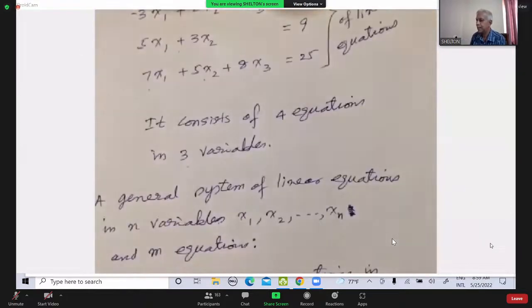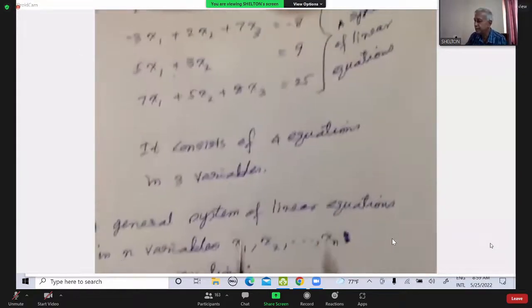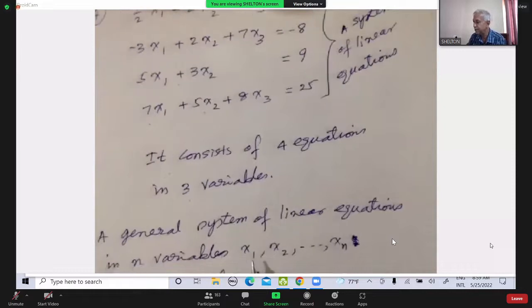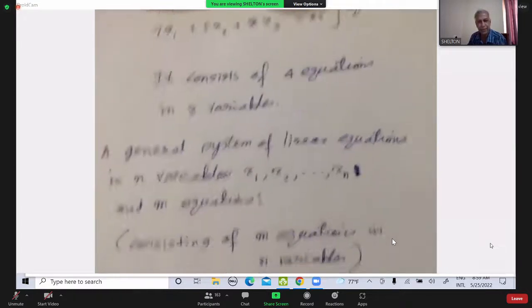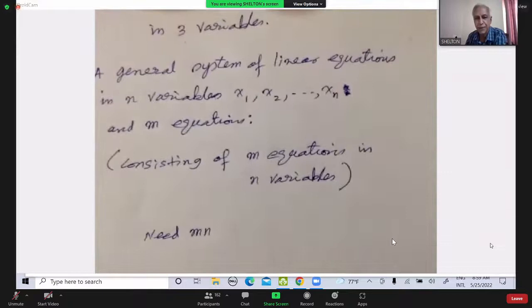So here I need m times n or n times m constants, it doesn't matter, they are the same. Earlier system, 12, with 4 and 3.